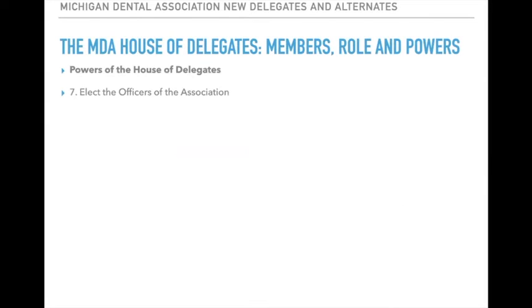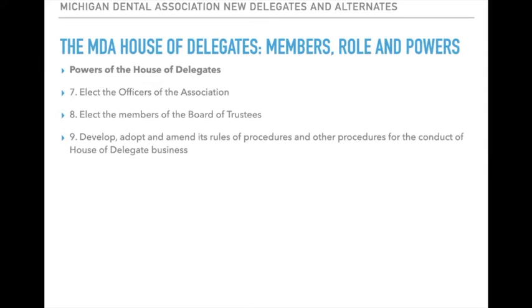So you elect the officers of the association, you elect the members of the board, who we go through, and you also kind of develop your own rules. The House has its own rules, and that's part of the House manual that you can take a look at, all of those rules and procedures that we have. Establish special committees of the House of Delegates, and we have had those here in the past years. And actually, one of the reasons our association was out in advance of others was because of a special committee formed by the House of Delegates regarding doing remote meetings.